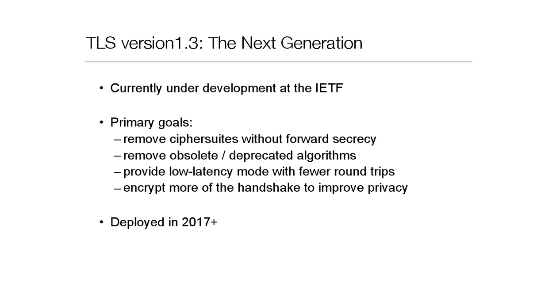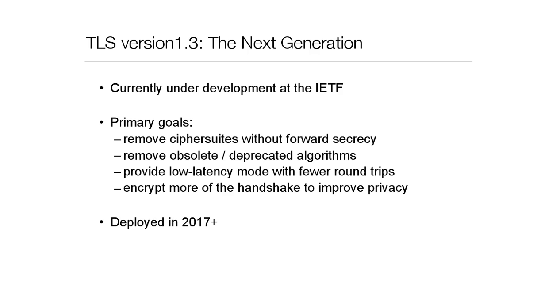The other goal is to remove obsolete, deprecated algorithms, the outdated ones, and provide a low latency mode for fewer round trips. Round trips means the client sends a message to the server, and the server sends another message to the client. That is one round, and then the next round.